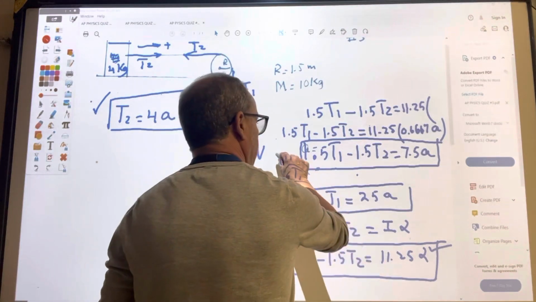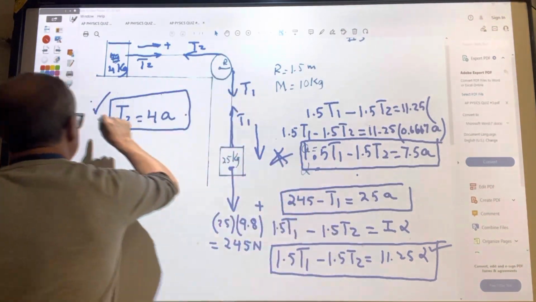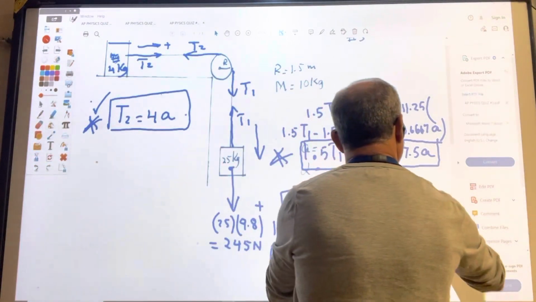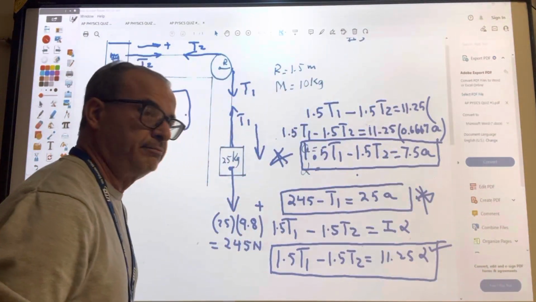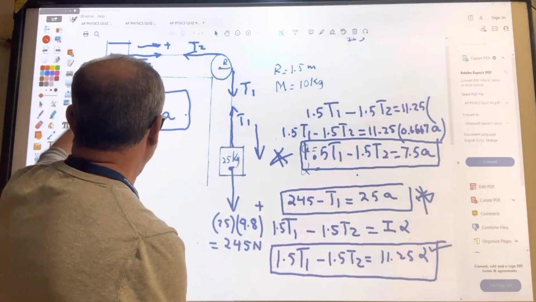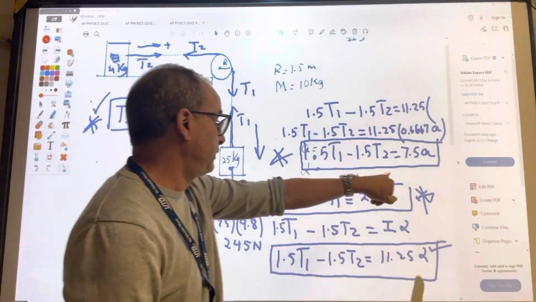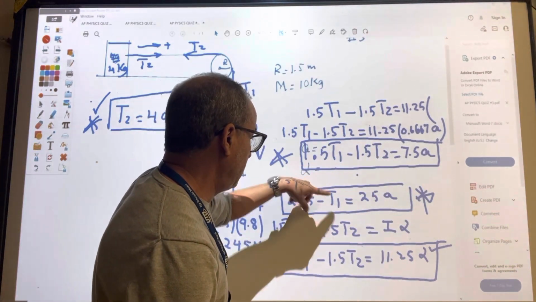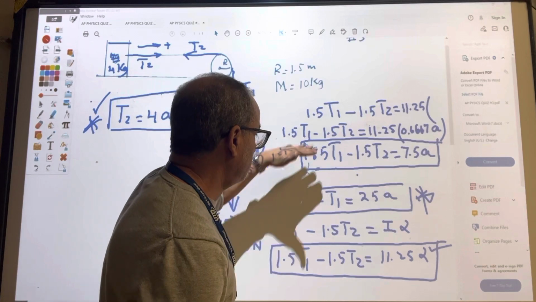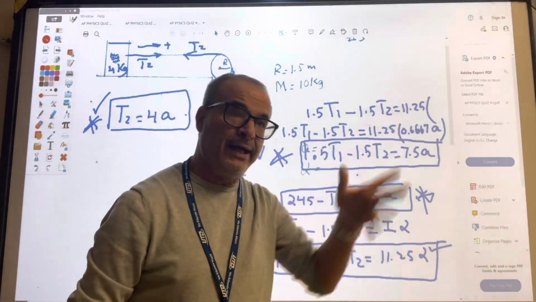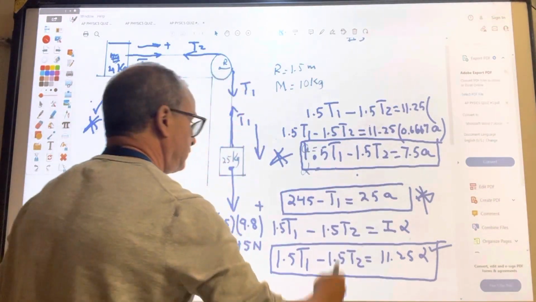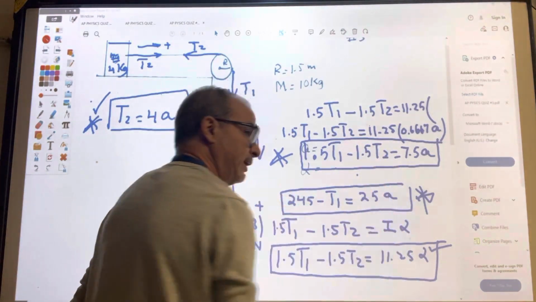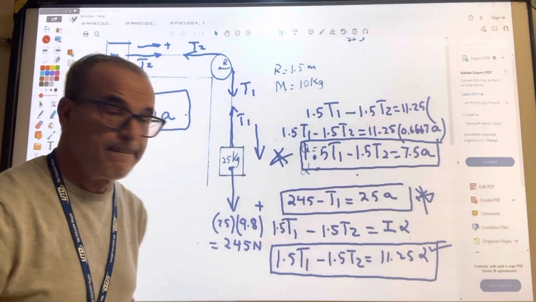I'm going to combine this equation and then this equation, the one that has stars. Again, I'm going to take this T2, it's 4A, put it in for T2. And I'm going to get the T1 from here and express it in terms of A. So I'm going to have an equation that has only A, and that's what I'm trying to find. So let's replace the T2 by what? 4A.